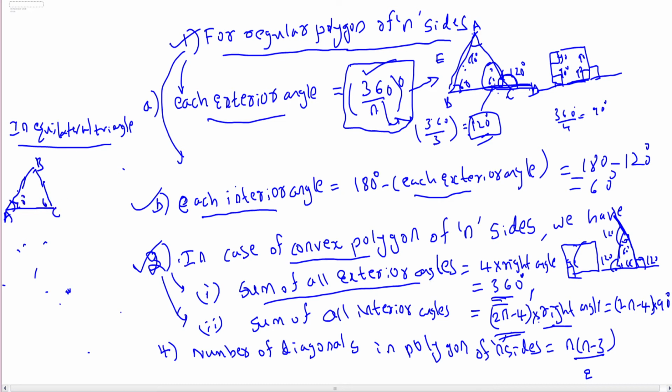This is 60, this is 60, this is 60. Suppose we don't know the value of the interior angles, call them X, Y. Okay. They told us that 2n minus 4 into 90 degrees is equal to the sum of interior angles.